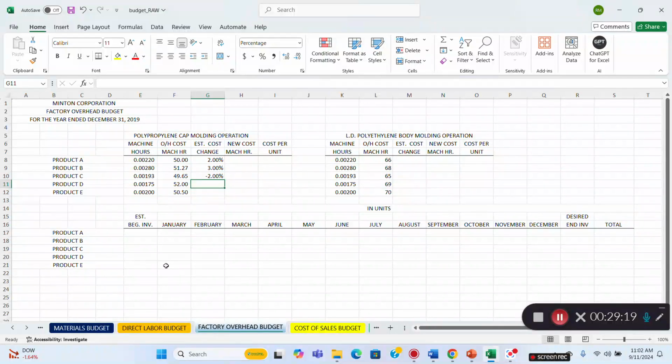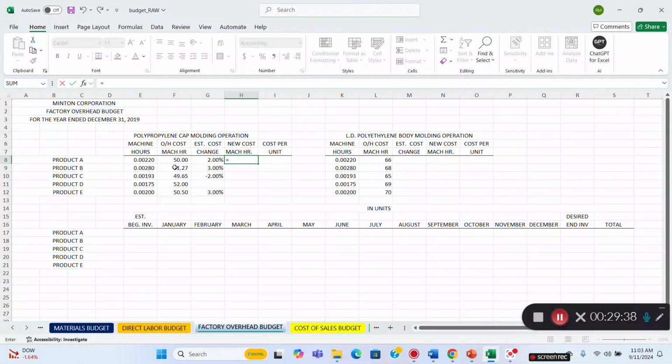This one has no change, and this one has an upside of 3%, 0.03. The new machine hour cost then will be this plus this. So it'll be equal to this plus this number times this number.